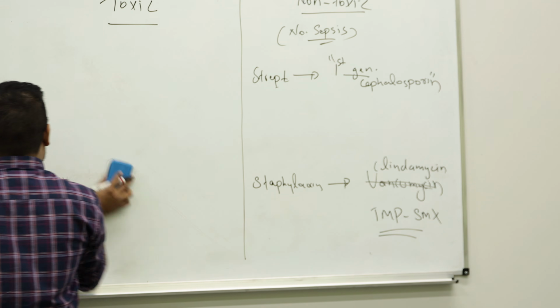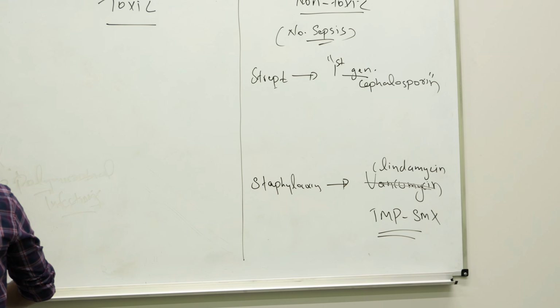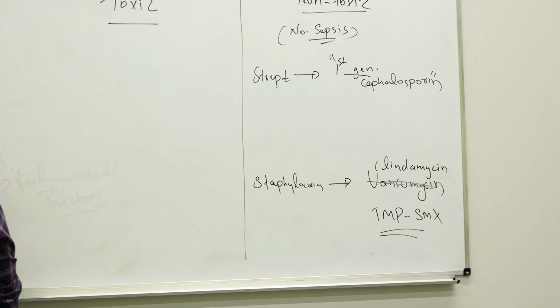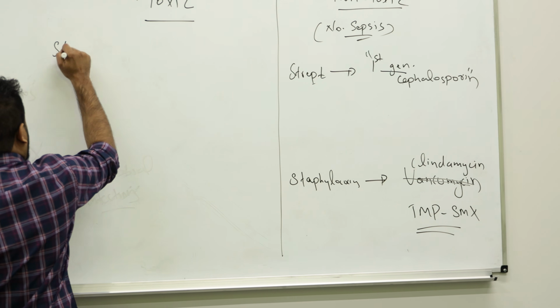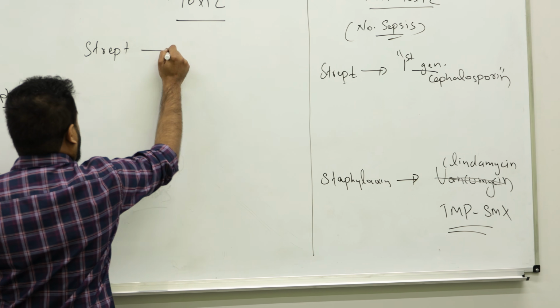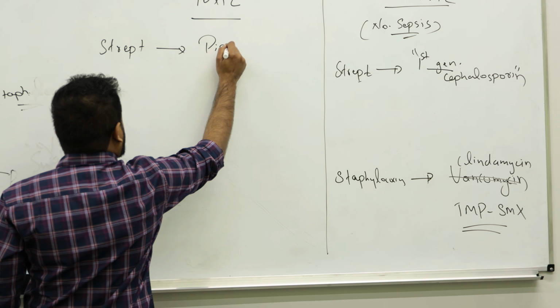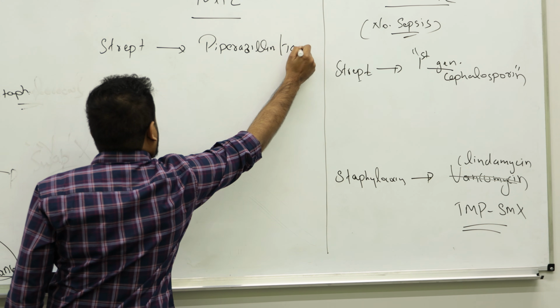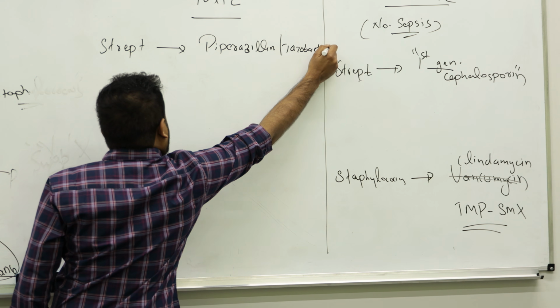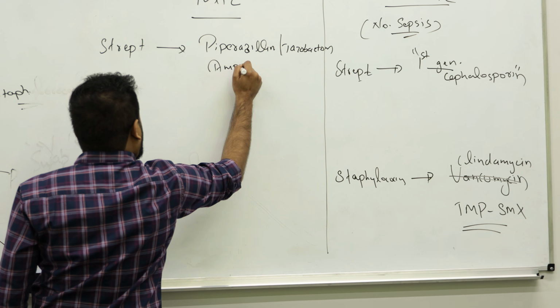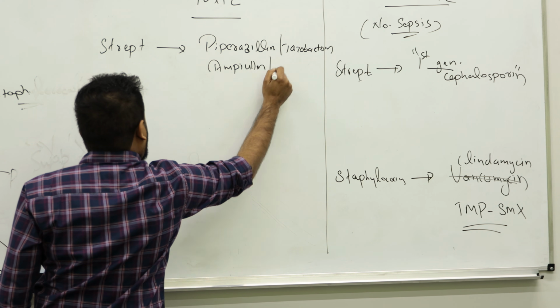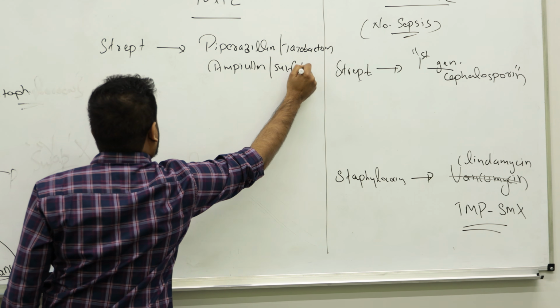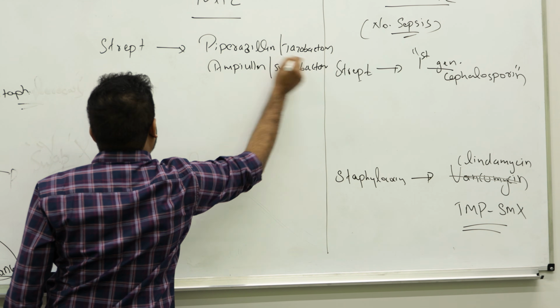For toxic we have to add something more, some more powerful drug. For streptococcus, I can add piperacillin-tazobactam, or I can add ampicillin-sulbactam. That is for toxic.